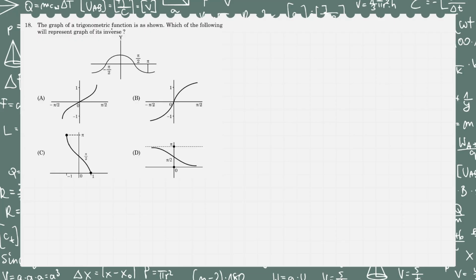The graph of a trigonometric function is as shown. Which of the following will represent the graph of its inverse?